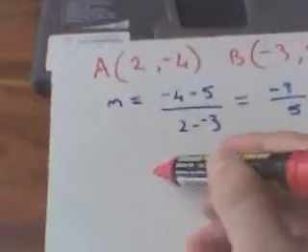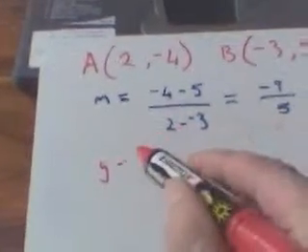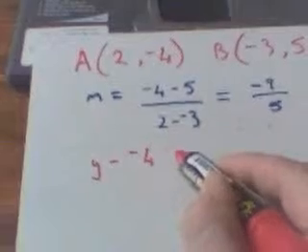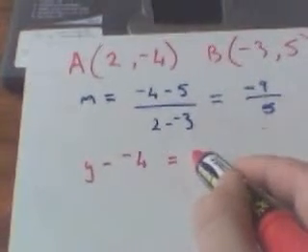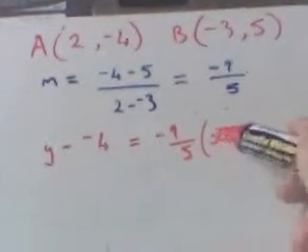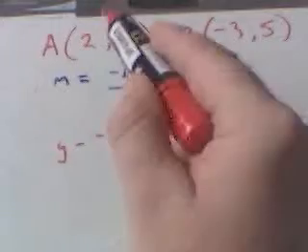So in we go, we've got y minus y1, well, y1 is negative 4, equals m lots of, so that's minus 9 fifths lots of x minus x1, which is 2.